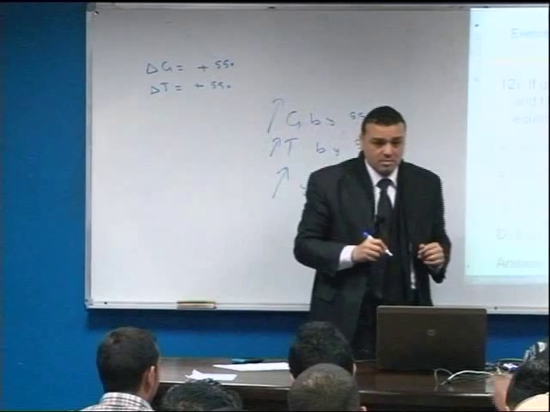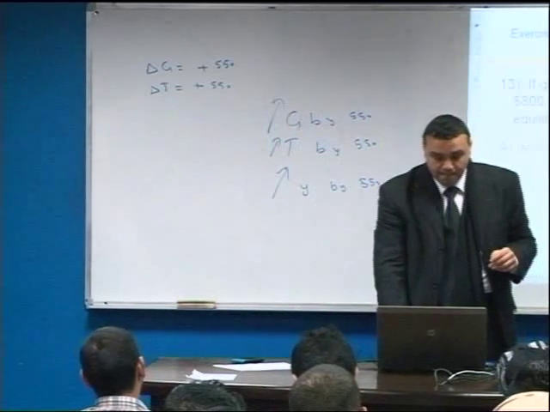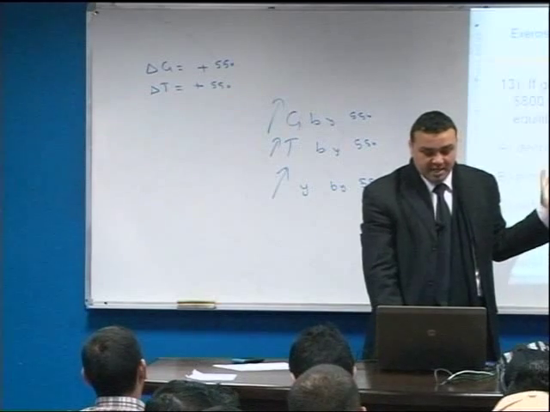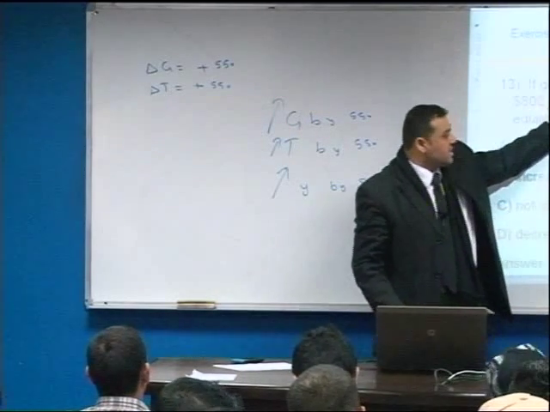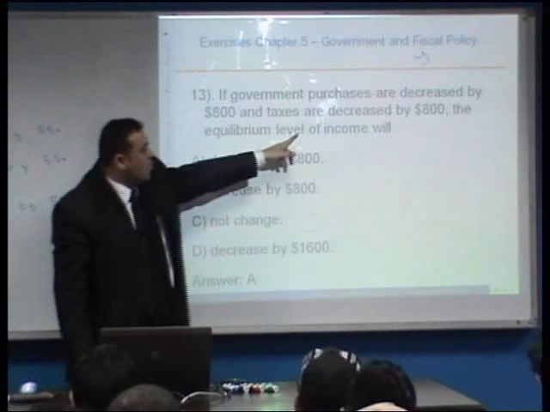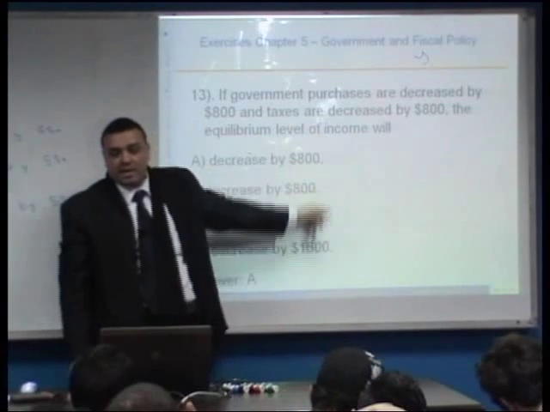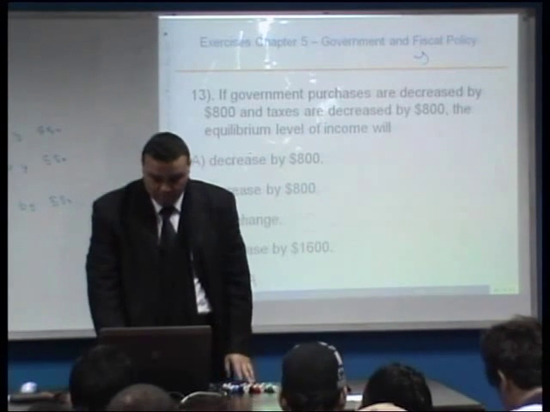Yes, it's a theory. And the same holds for decreasing government spending by 800 million and decreasing the taxes by 800 million: the aggregate output would decline by the same amount, 800 million.